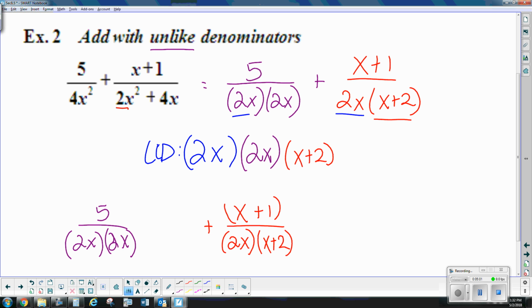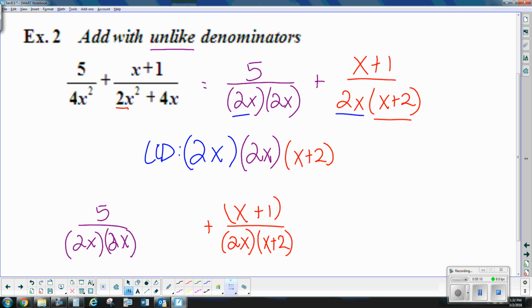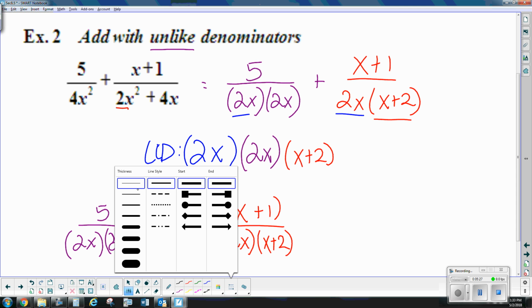All right, now I want both of these denominators to be my least common denominator. So remember, you can always multiply by 1. Any number over itself is 1. I'm going to multiply my first fraction by, actually not 2x, by x plus 2 over x plus 2.